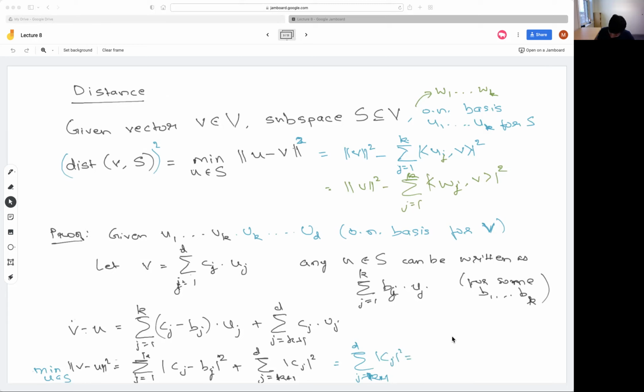Which can be written as the entire summation minus the summation of the first K guys. And now, again, what we know in terms of norms, this is nothing but the norm of V squared.